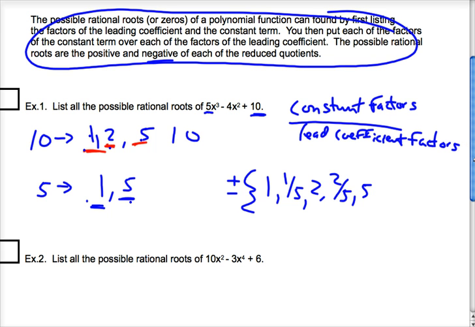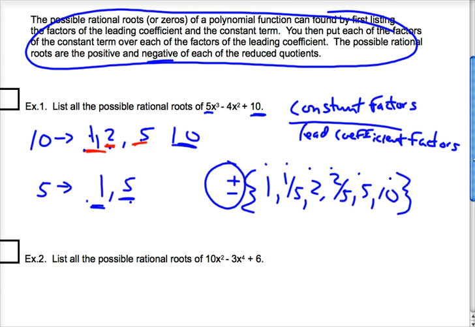And then finally, I've got 10 over 1 is 10, and 10 over 5 is 2, but I've already got the 2. So there are 1, 2, 3, 4, 5, 6 times 2, because plus or minus, there are 12 possible rational roots that could go into that polynomial.